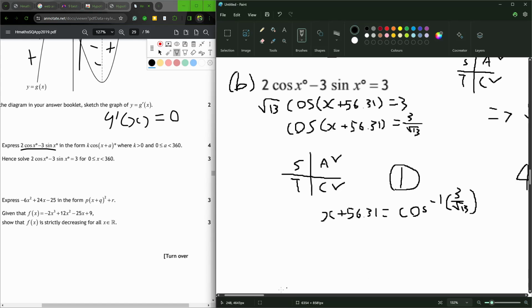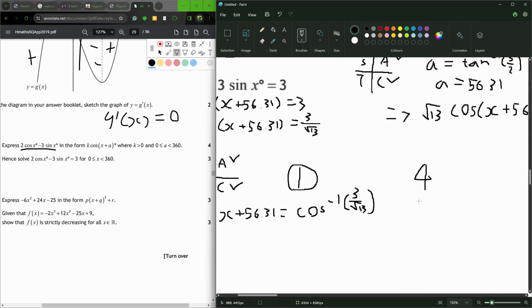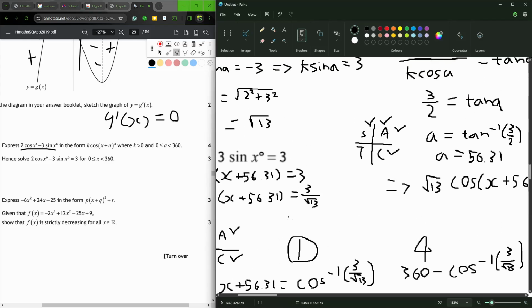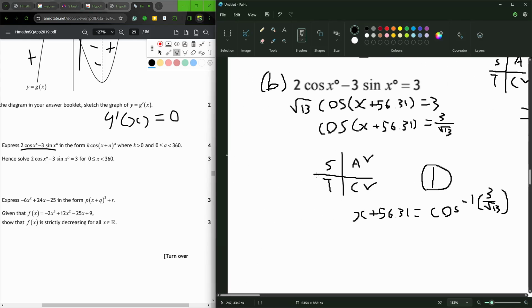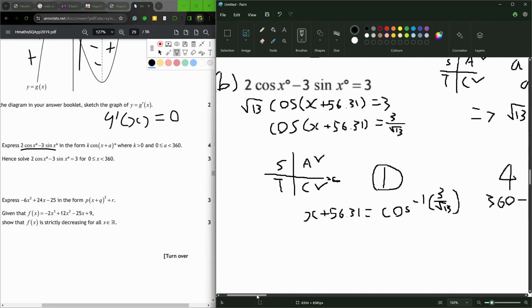But in quadrant 4 it would be 360 minus inverse cos. Because remember, when we look at this diagram, we only measure from the horizontal line. So if we want to get an answer in the fourth quadrant, we need to take away from 360, because 360 is here and it goes around counterclockwise.